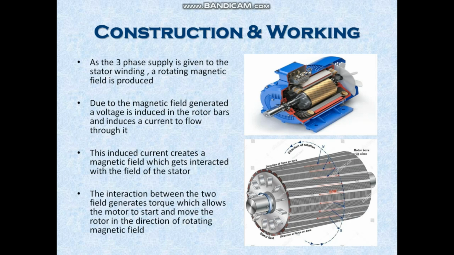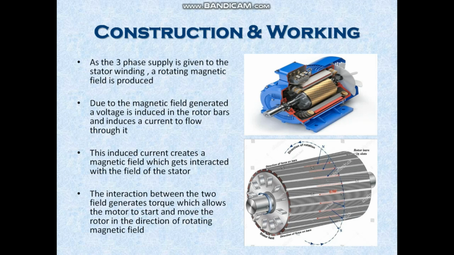When a three-phase supply is given to the stator winding, a rotating magnetic field is generated. Due to the magnetic field generated, a voltage is induced in the rotor bars and induces a current to flow through it. This induced current creates a magnetic field which interacts with the field of the stator.